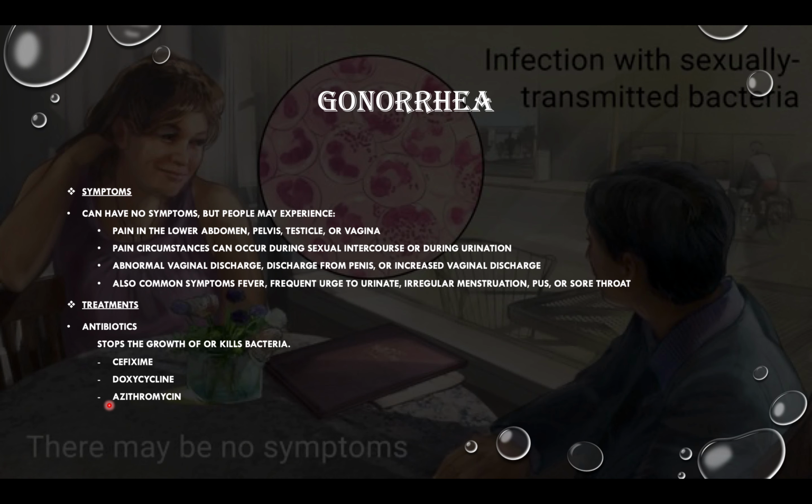Those are the antibiotics people can take, of course through a prescription. They need to consult the doctor, and most likely the doctor will recommend these antibiotics to help them recover. First they will want to stop the growth, and then further down they will help to kill the bacteria as well.